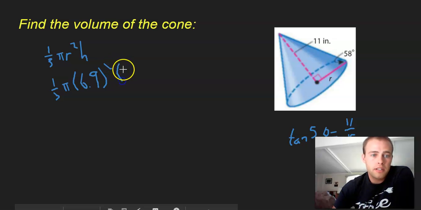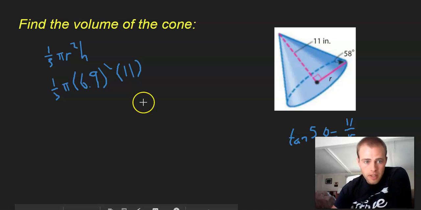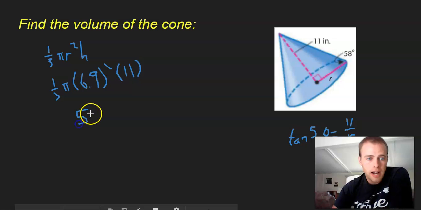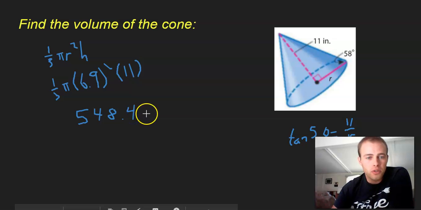Our height we know is 11. And we'll pull that into our calculator. 1/3 times pi times 6.9 squared times 11. And we should get a final answer of 548.4 inches cubed.